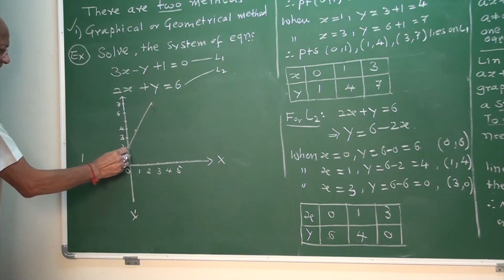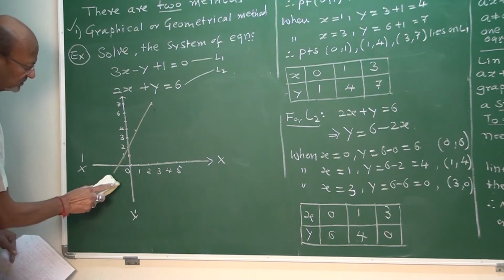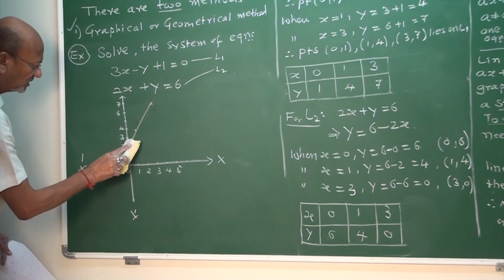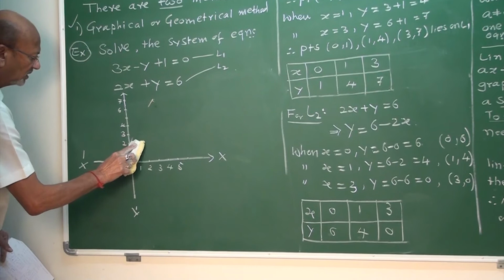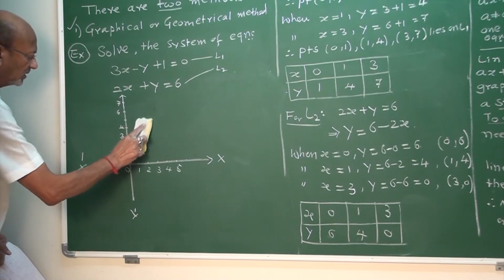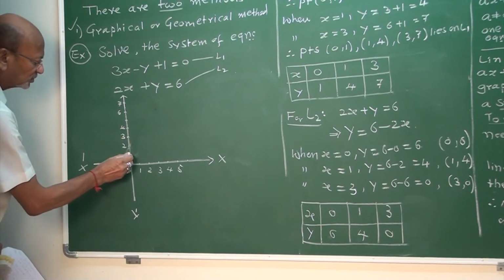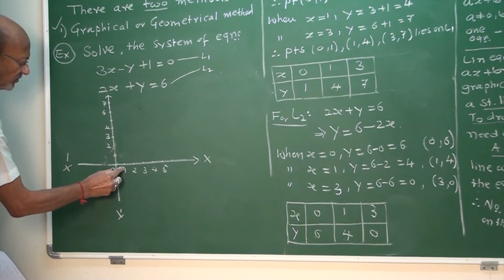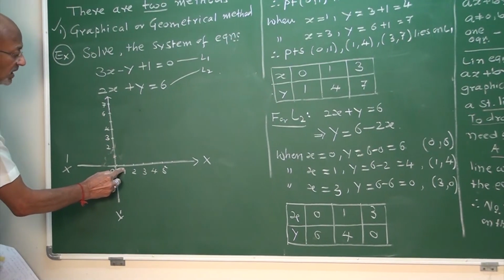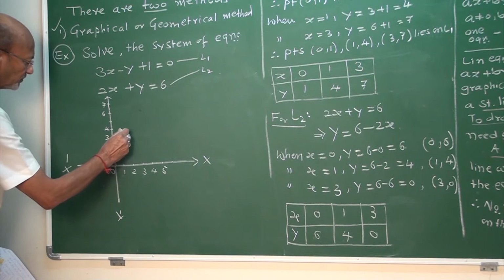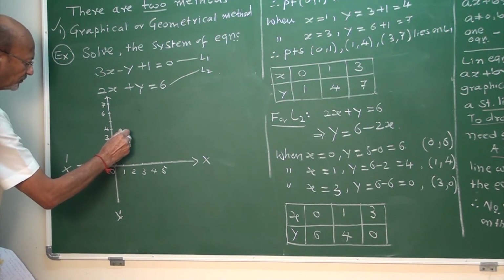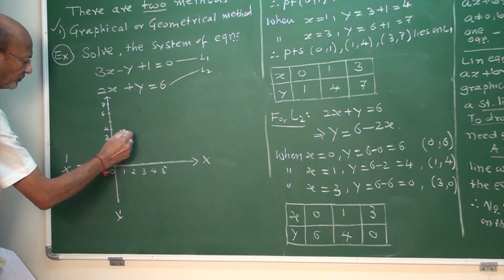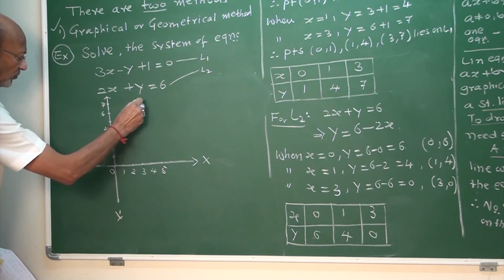This is L1. One point, when x is 1, y is 4. When x is 3, y is 7.